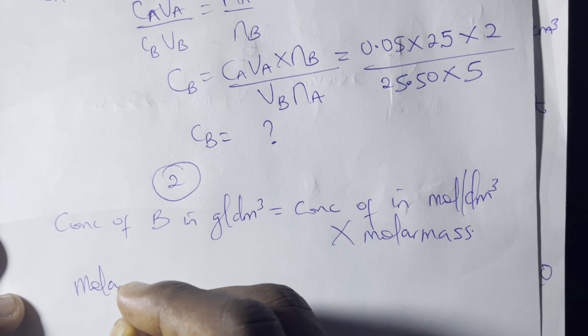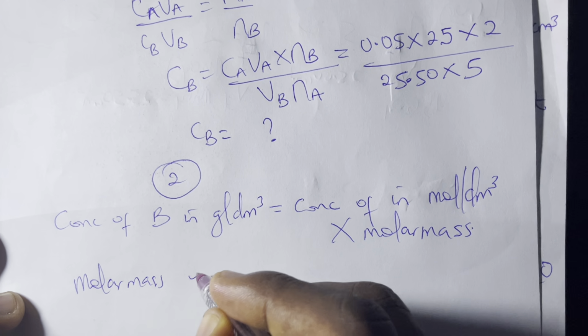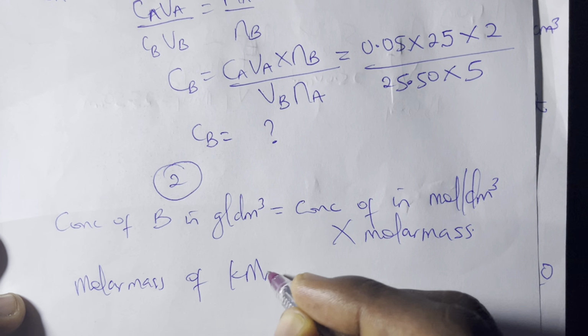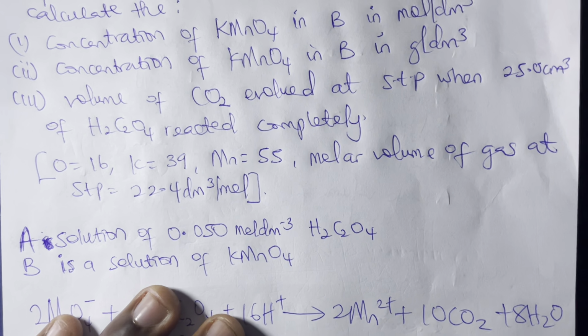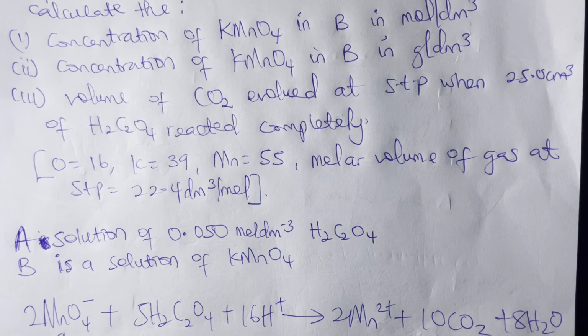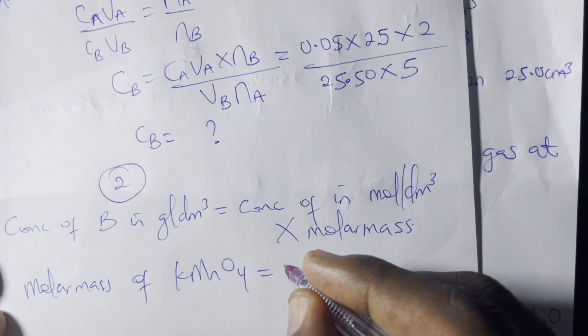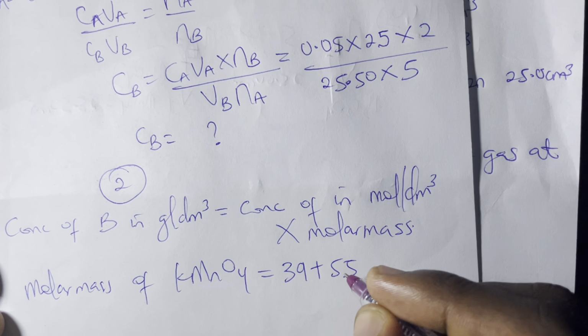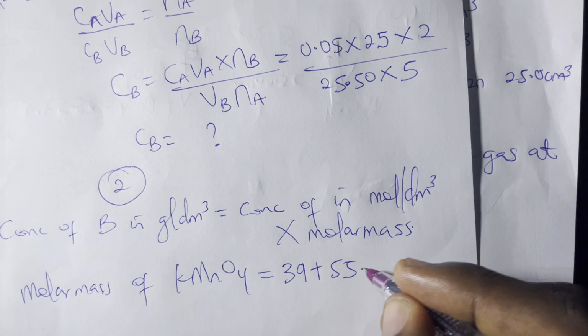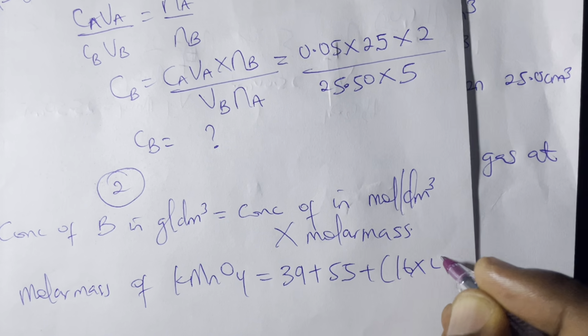The molar mass of KMnO4, that's going to be K. Potassium is what? Let's check here. Potassium is 39, manganese is 55, so that's going to be 39 plus 55, then plus 16 times 4.